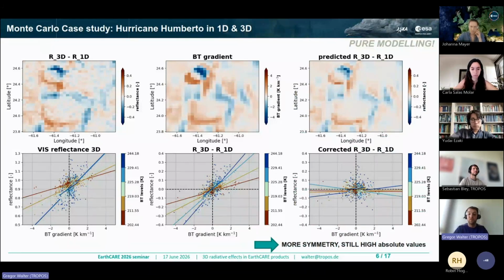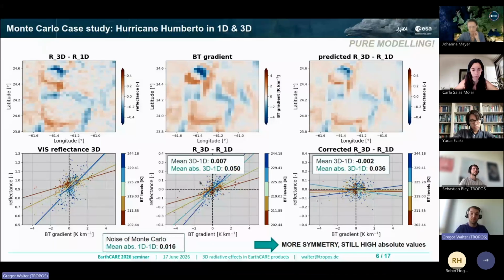Now in the corrected version, we have more symmetry, but still have high absolute values. So showing here the values, we have a quite low mean 3D minus 1D overall, but the absolute error is around 0.05 for the initial case, and after the correction we are still at 0.036.